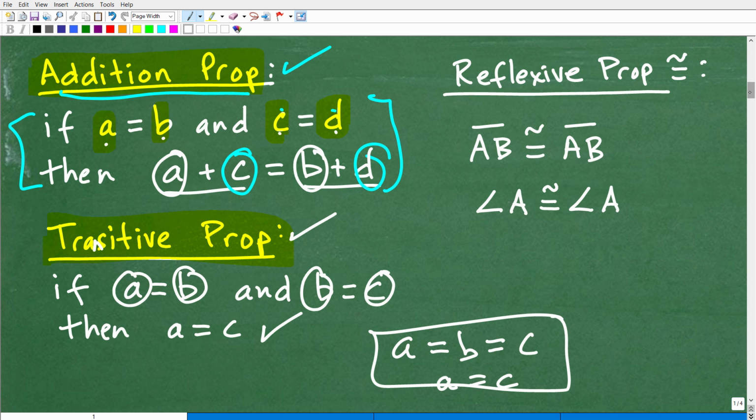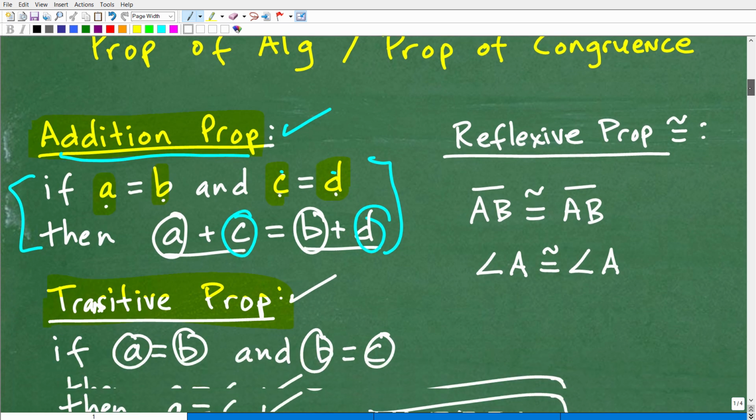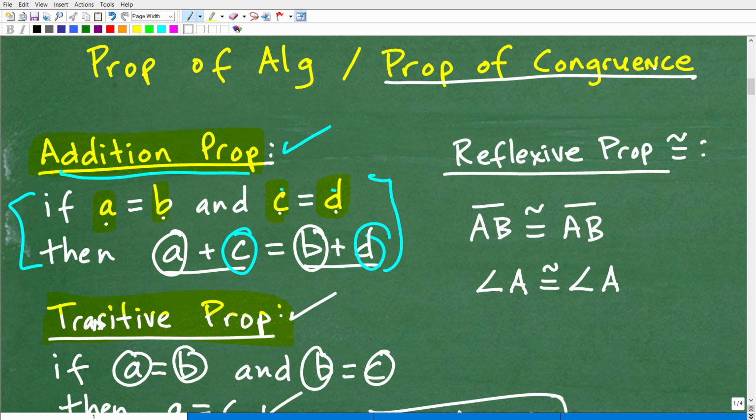Now, let's go over here and take a look at congruence. There are also properties of congruence. With properties of algebra, you're typically going to have an equal sign. Over here, with properties of congruence, we're talking about this little congruent symbol right there. If I said the number 2 is equal to 2, that is a property of algebra, the reflexive property.